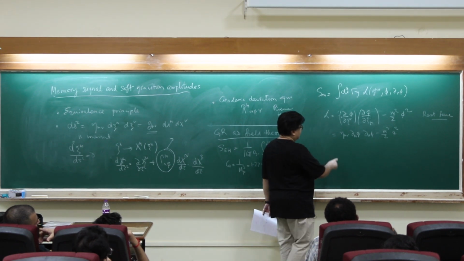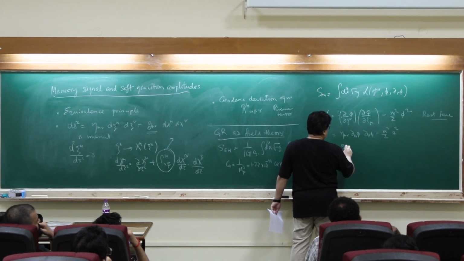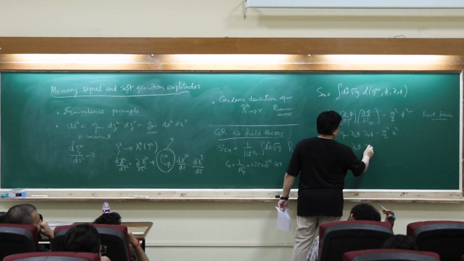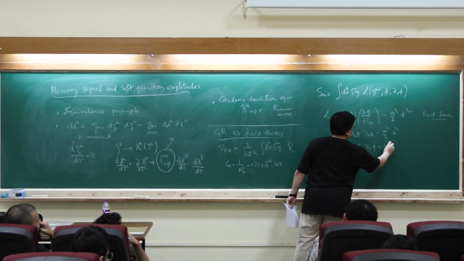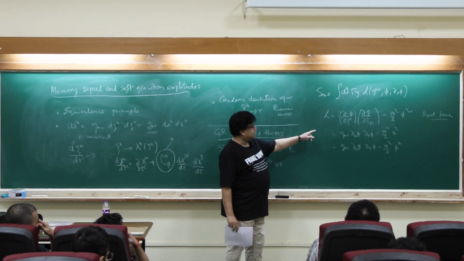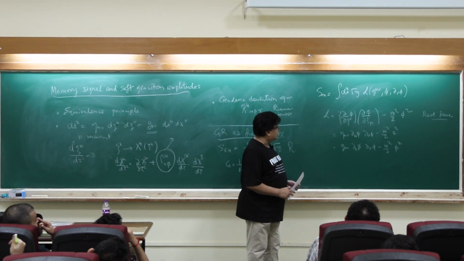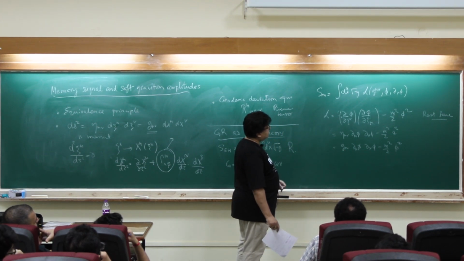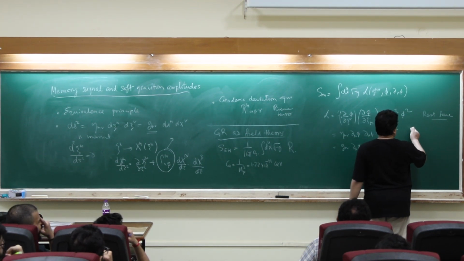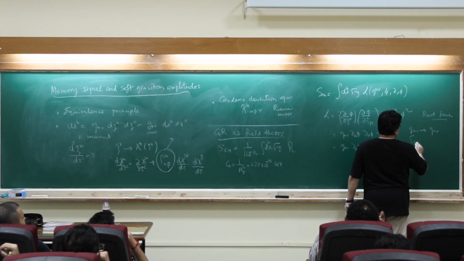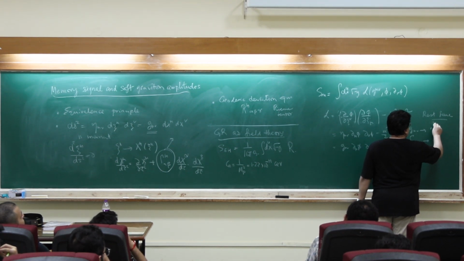When you make a coordinate transformation, this will go to g mu nu. So this is the covariant one. What this means is the equivalence principle tells you that starting with this, you can choose a frame where g mu nu goes to eta mu nu. So this is the rest frame or inertial frame, let's say.